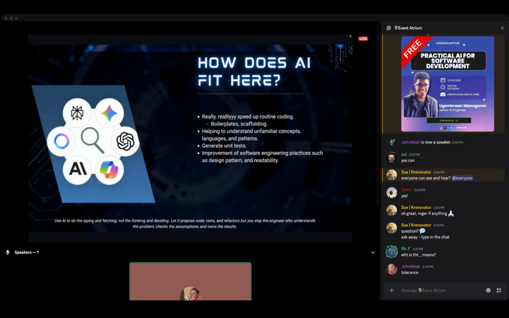The second thing is, it helps me to understand unfamiliar concepts. For example, recently I've been learning the Rust language, R-U-S-T, if you guys are familiar with it. It's a low-level language, and it's quite hard to learn Rust compared to Python or even C++ in some regards. There are a lot of new concepts that come along with Rust, and you have to learn them well before you can do the coding.